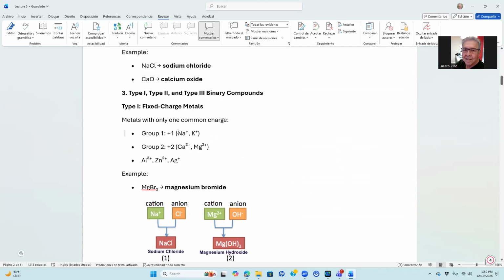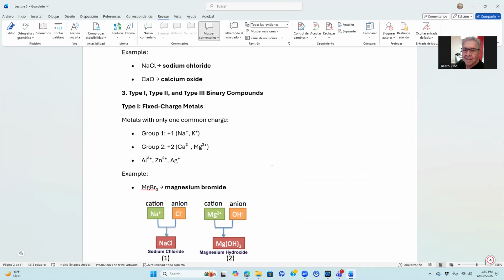Here we have metals from groups 1 and 2 and from the other groups, except the transition metals. For example, lead and tin are representative metals, but they have more than one oxidation number.